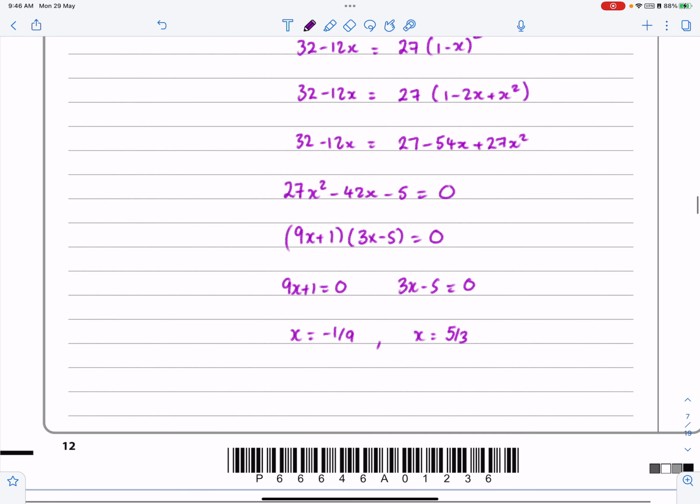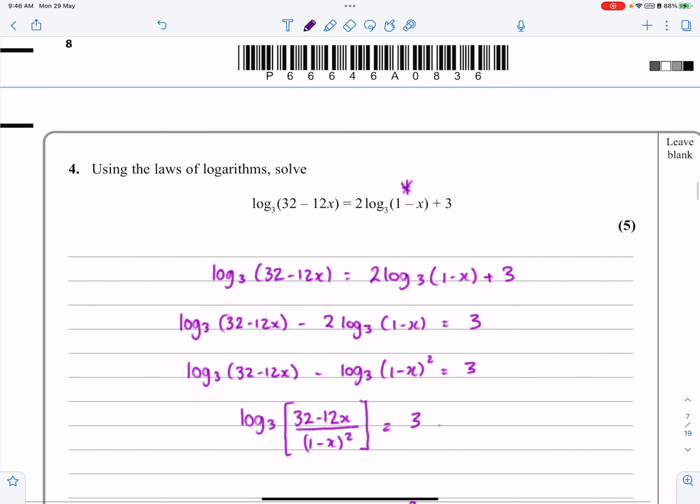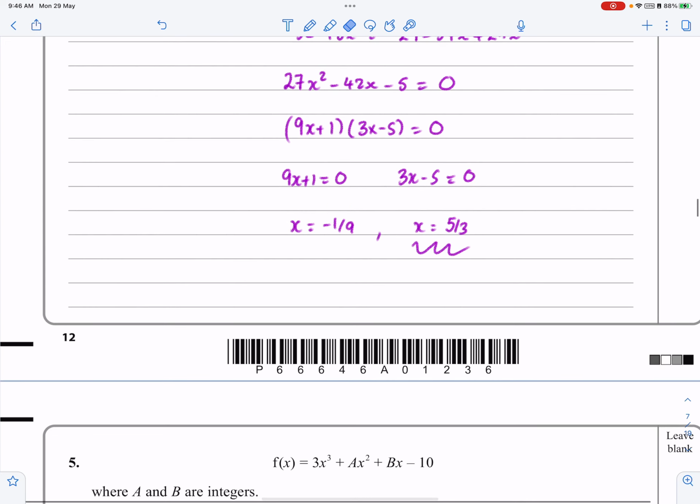If we actually used that one, 5 over 3, then up in here, we'd have log 1 minus 5 over 3. We'd be doing the log of a negative, and that doesn't exist. So that solution is actually not a solution. So we have to say not a valid solution. So our actual answer is just x equals minus 1 over 9.